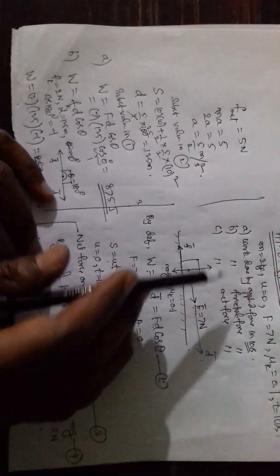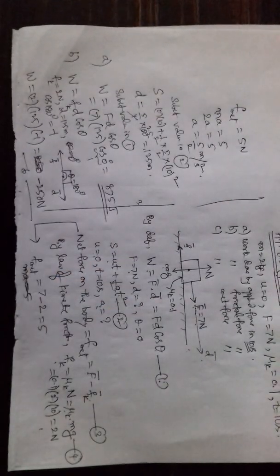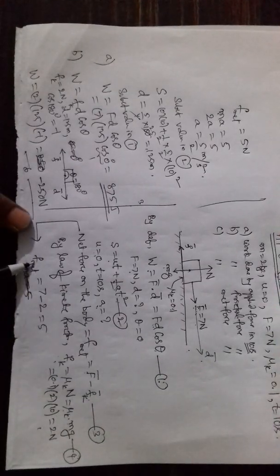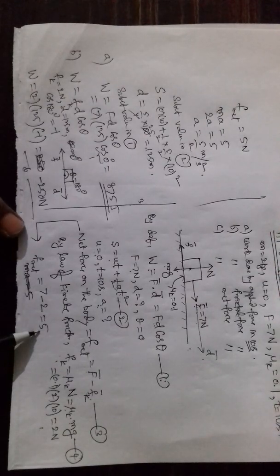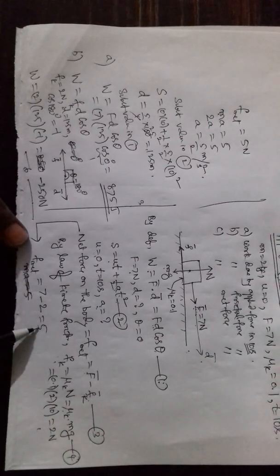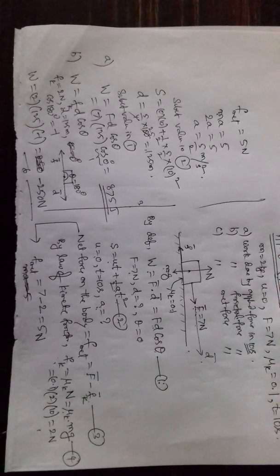Now, work done by net force. Here you calculated the net force, how much did you get? 5 newtons. Okay, let me write here itself. Work done is equal to F net d cos theta.